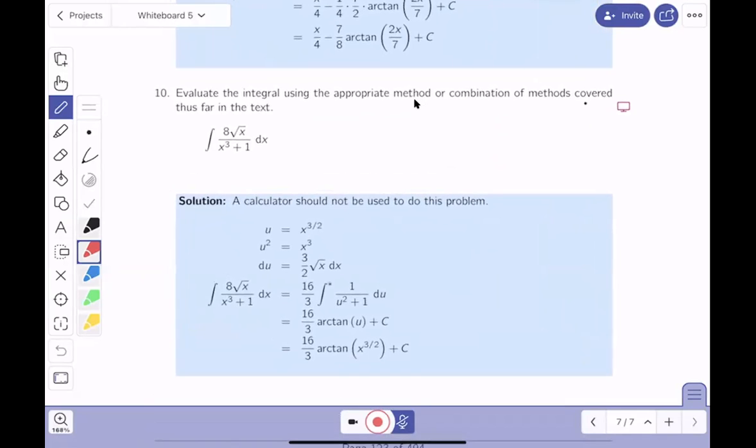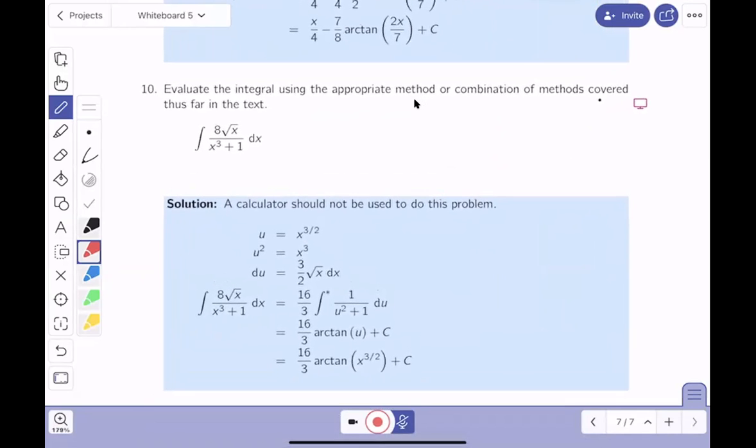Whoa. Evaluate the integral using appropriate method or combination of methods covered thus far in the text. I guess what they mean is what I covered so far. And I'm going to look at that, and I bet this has something to do with the arctangent.